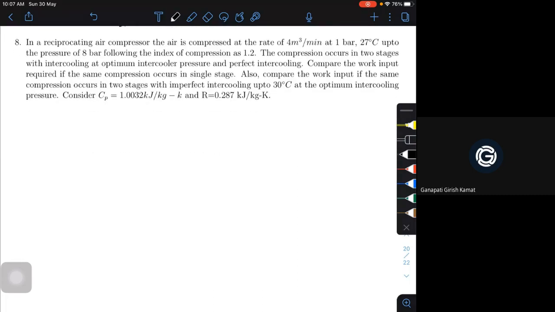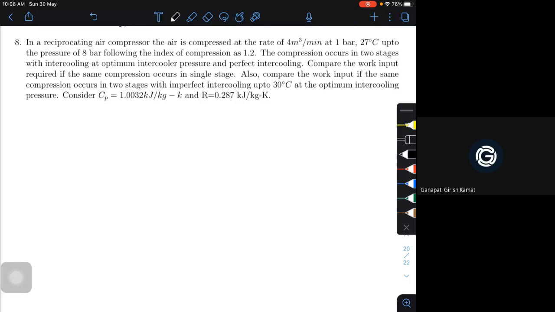It's something like this. In a reciprocating air compressor, the air is compressed at the rate of 4 meter cube per minute at 1 bar and 27 degrees Celsius up to the pressure of 8 bar following the index of compression as 1.2.